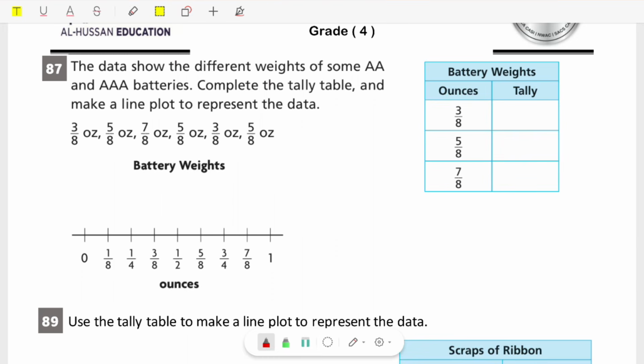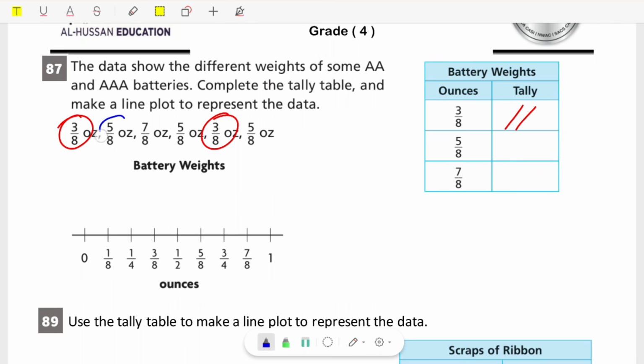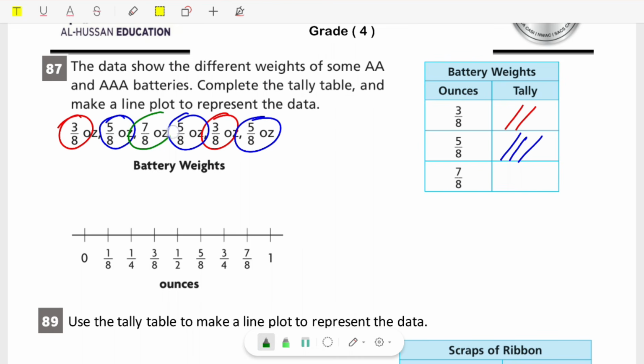And according to this, we're going to put the tally table here. The tally table means we're going to put dashes matching the number of repetitions. So 3/8 is repeated how many times? 1, 2, so just 2, so we're going to put 2 dashes as you see here. And the next one, 5/8 is repeated 1, 2, 3, so we're going to put 3 dashes, and the next one, 7 over 8, 1 dash.